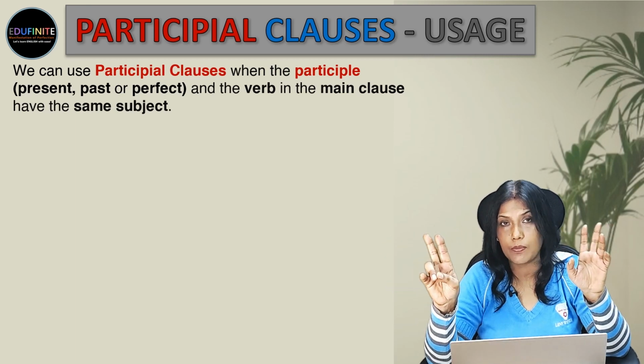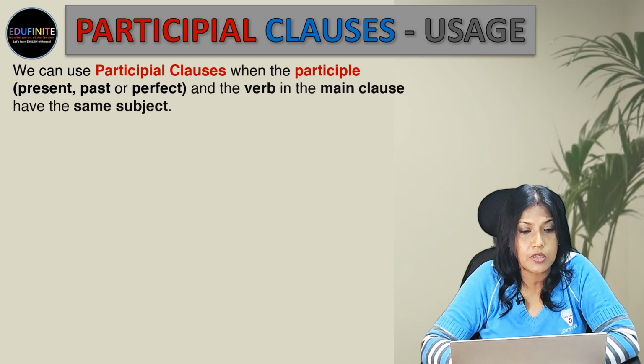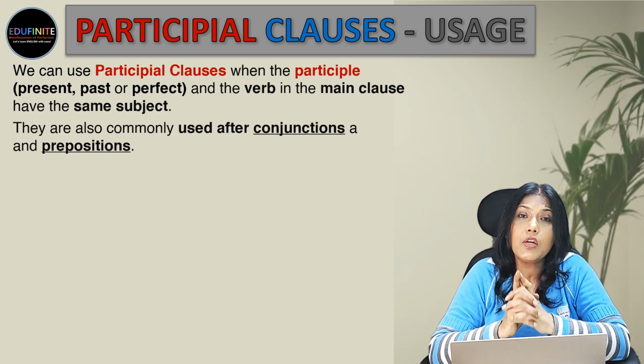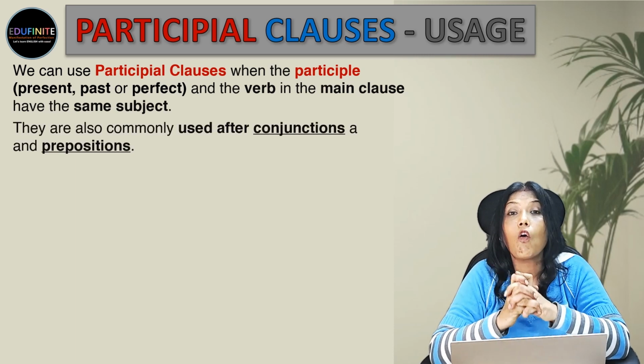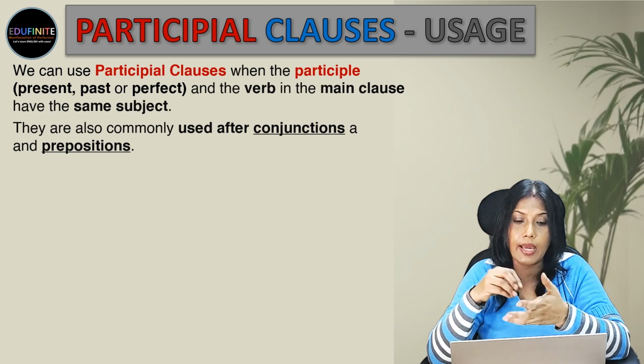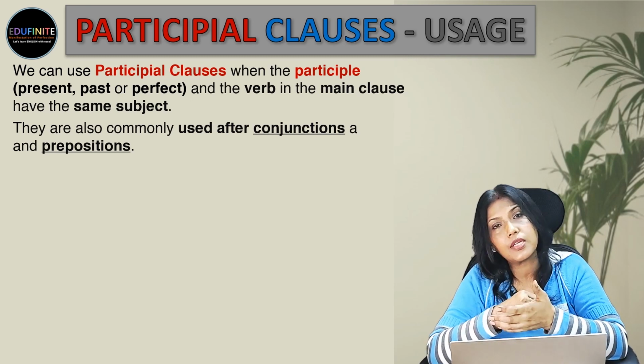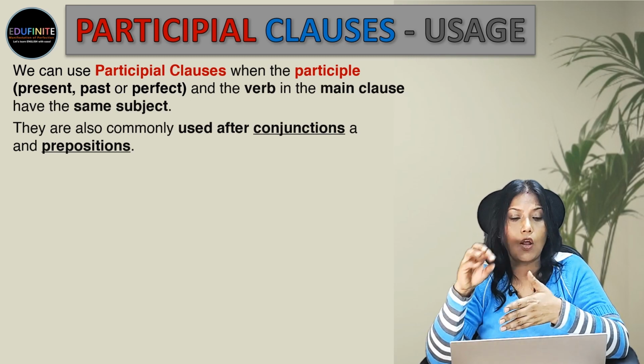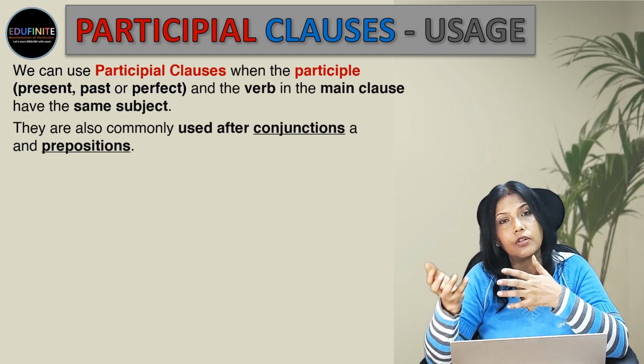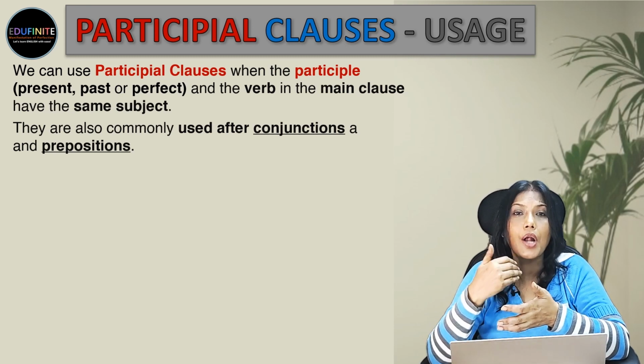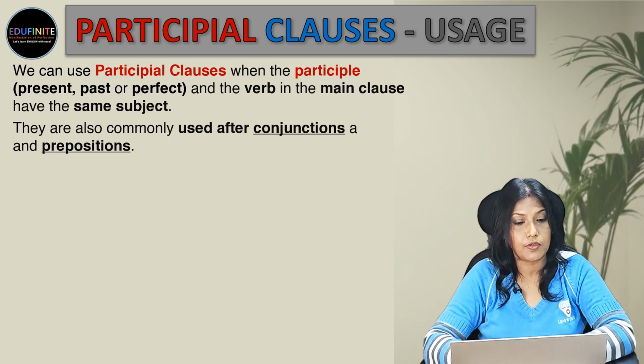They cannot have different subjects. They are commonly used after a preposition or a conjunction. So again, either they can be used as a shortened dependent clause or they can also be used after a conjunction or after a preposition.